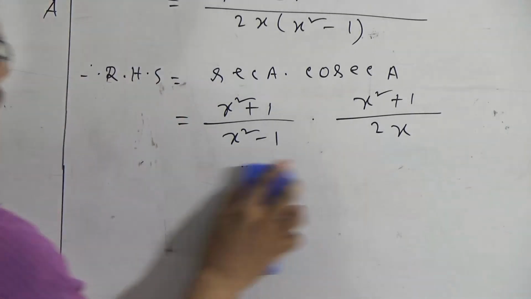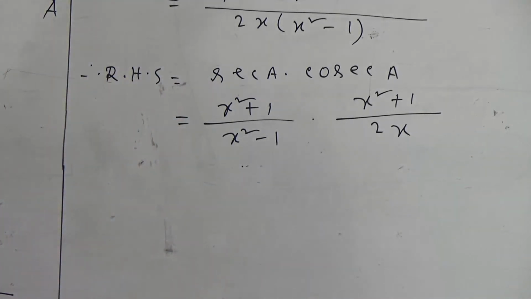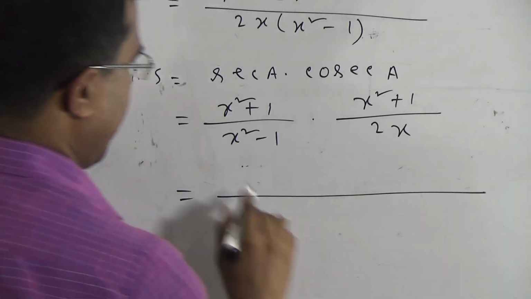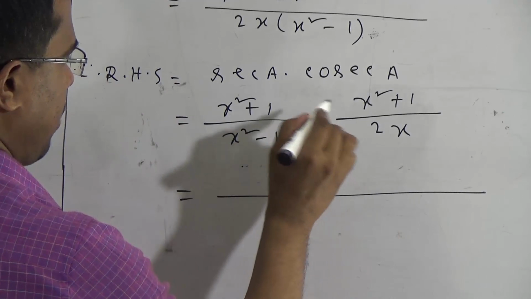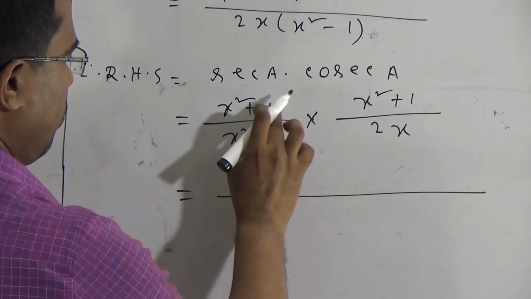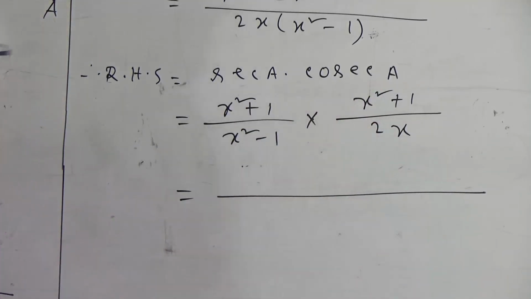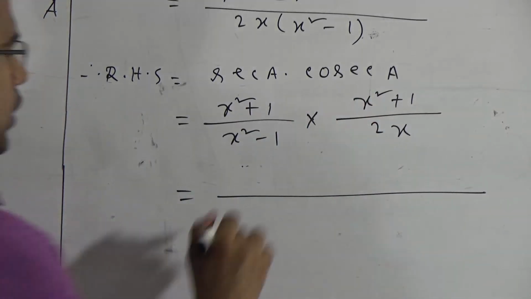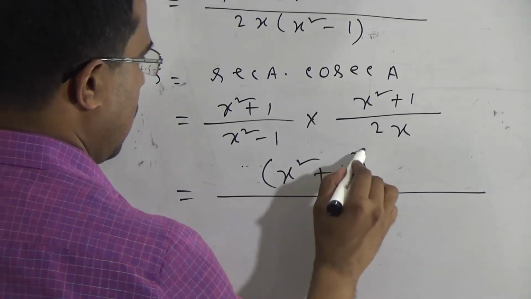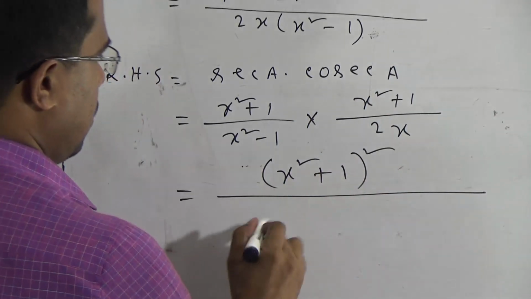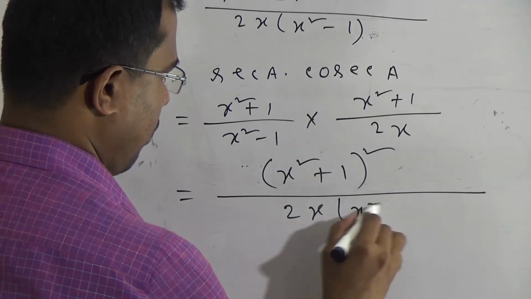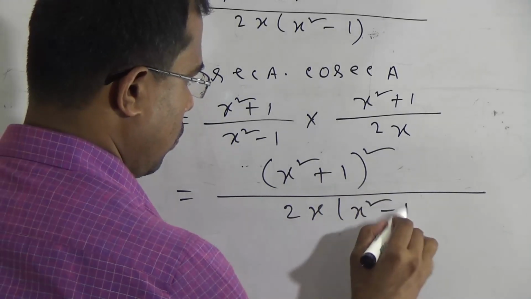We have to multiply these two terms. It is a multiplication sign. So in the numerator, x square plus 1 into x square plus 1, so it will be x square plus 1 whole square. And in the denominator, 2x into x square minus 1 will come.